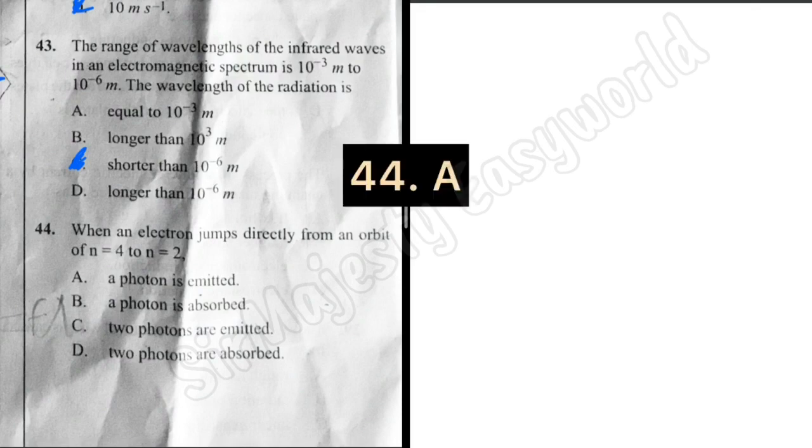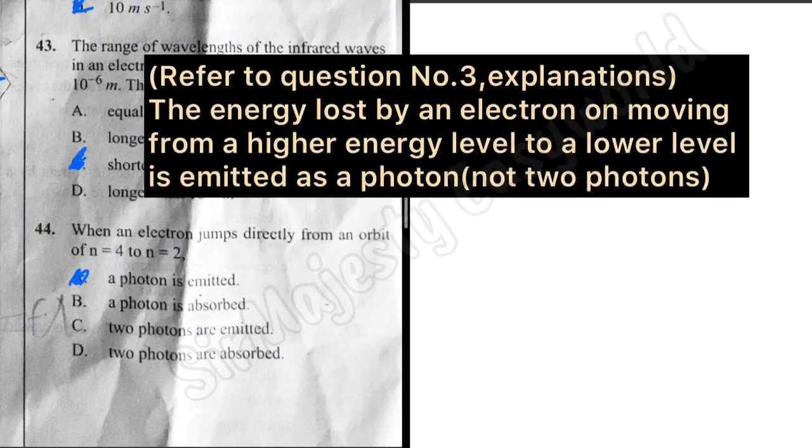Then it said, when an electron jumps directly from an orbit of n equals 4 to n equals 2, a photon is usually emitted because it's jumping to a lower energy level. If it was a higher energy level, the photon would be absorbed.